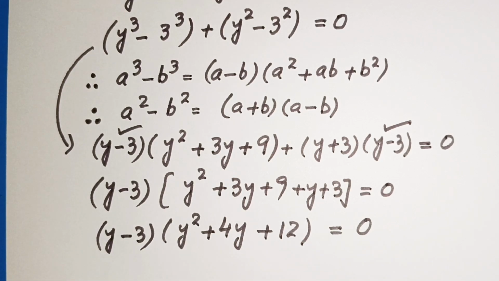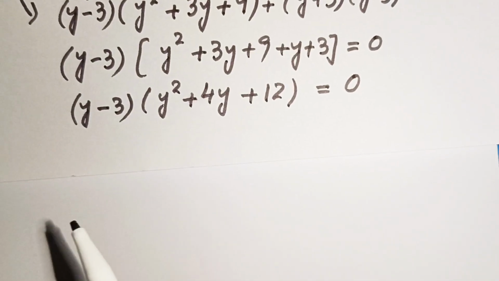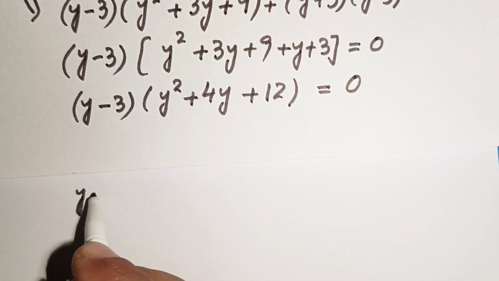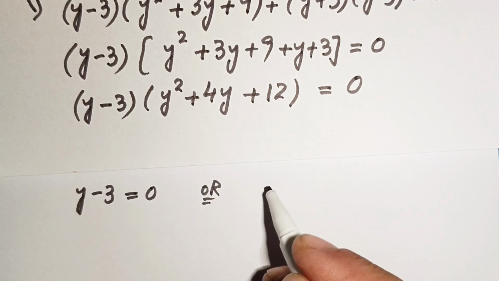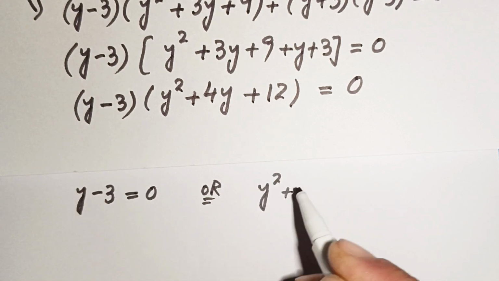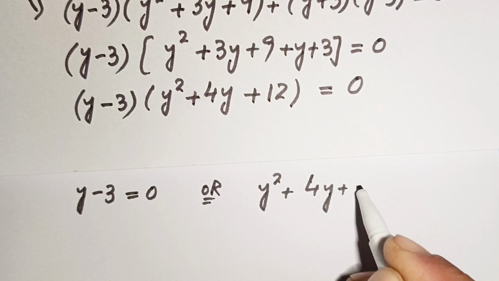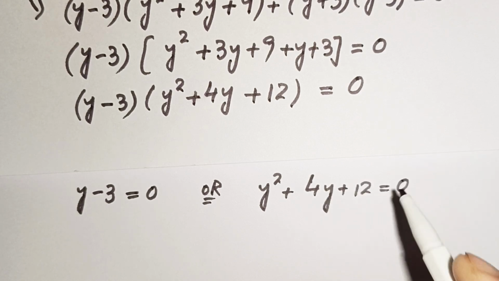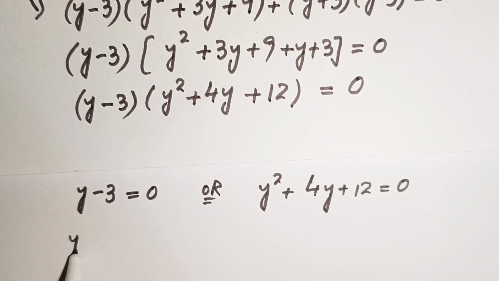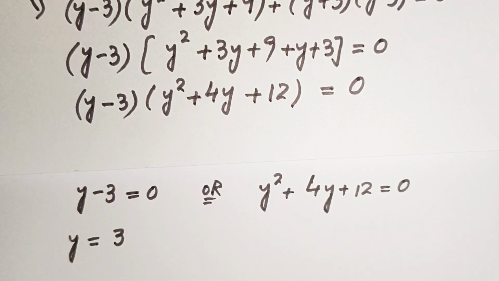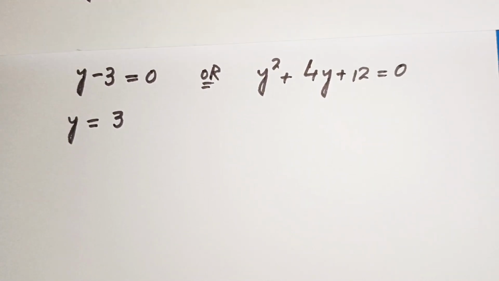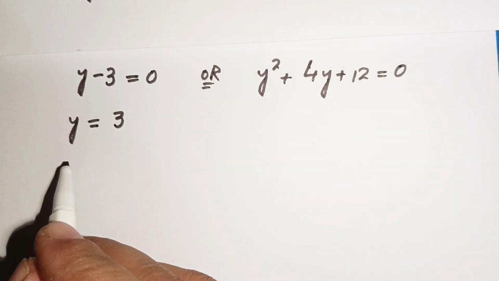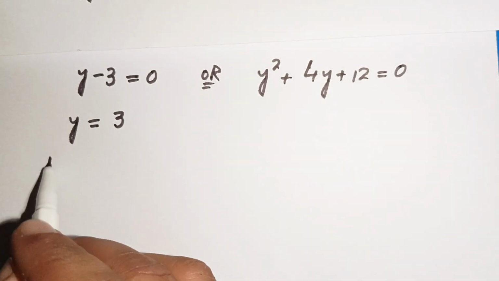Now our next step: here we have two possible cases, y minus 3 is equal to 0, and the other one is y squared plus 4 times y plus 12 is equal to 0. So here y is equal to minus 3 will be plus 3, so the value of y will be 3 here.